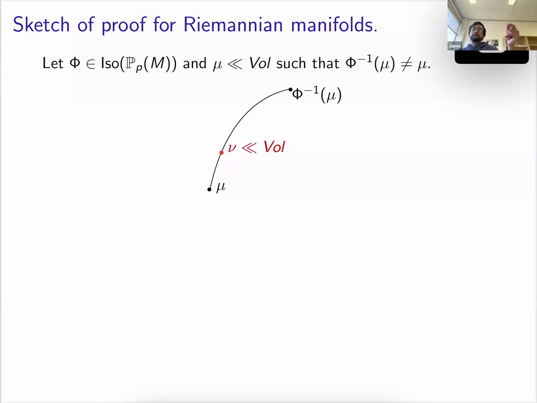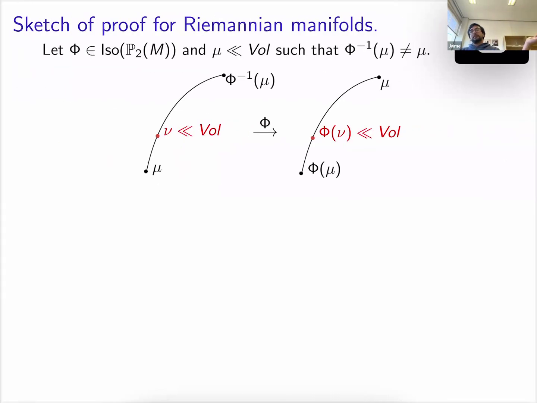So that's great. And once I have this, since I'm dealing with an isometry, the image of a geodesic is going to be again a geodesic, which is going to look like in the picture. It now goes from phi of mu to mu, and it passes through phi of nu.